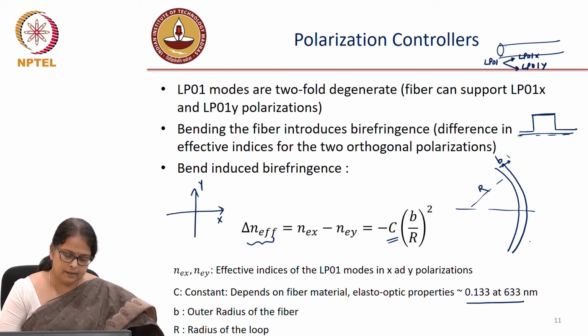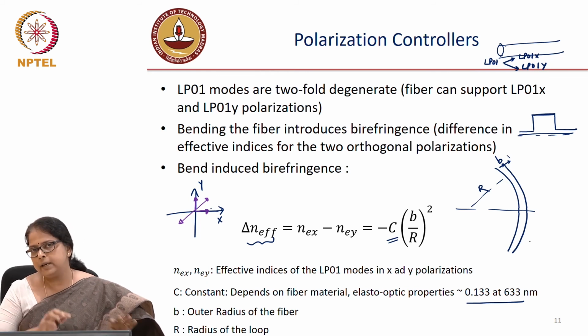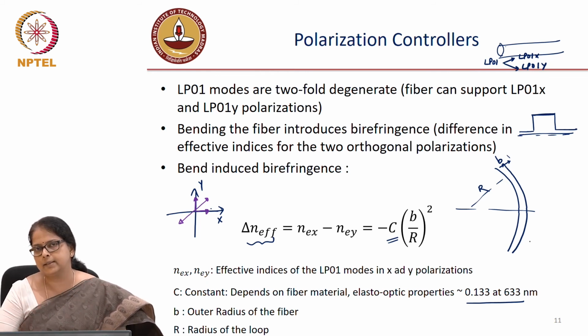You know that in linear polarization, let's say a linear polarization in an arbitrary direction, in this case 45 degrees here, the x component and the y component of polarization are oscillating in the same phase. But in a circular polarization, the x component and the y component are oscillating 90° out of phase. So how do you bring in this phase difference between x and y?